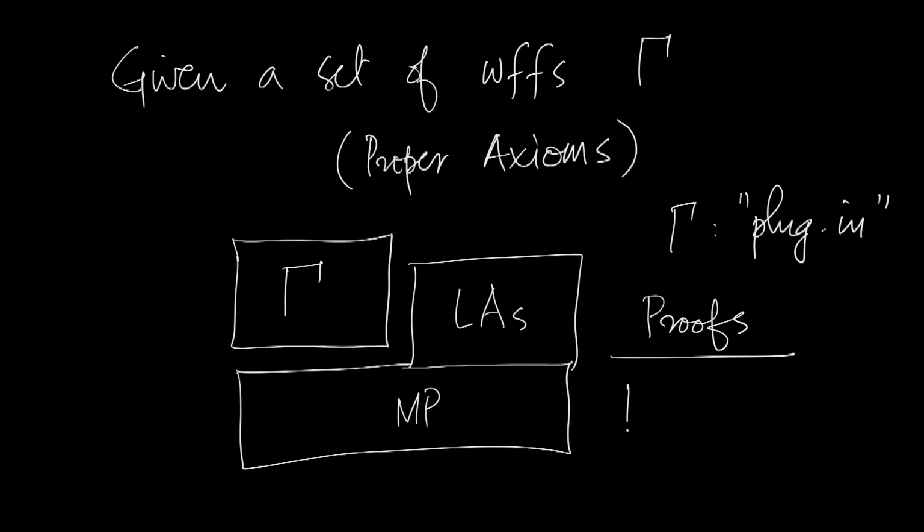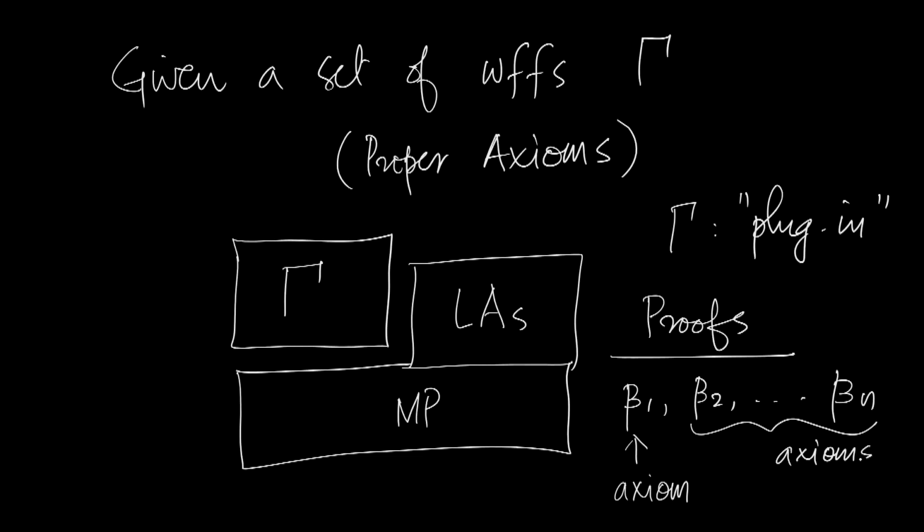A proof is a sequence of statements or well-formed formulae, so that the first statement of the proof is an axiom. This could be either a logical axiom or a proper axiom, and the subsequent statements are either axioms or obtainable from the previous statements by modus ponens.